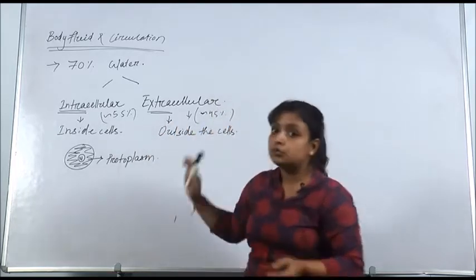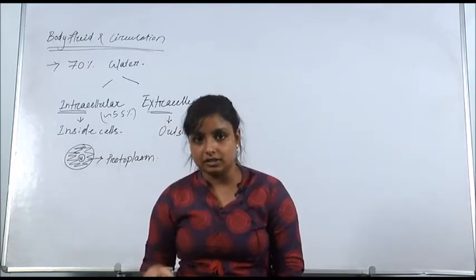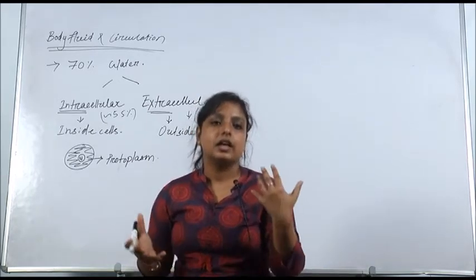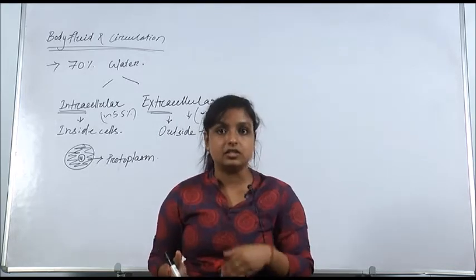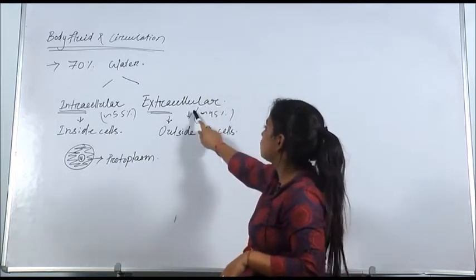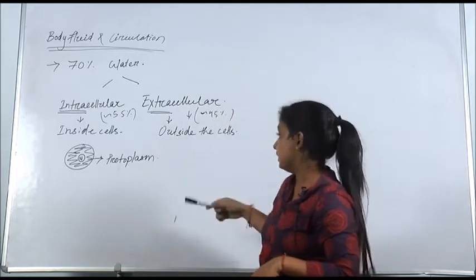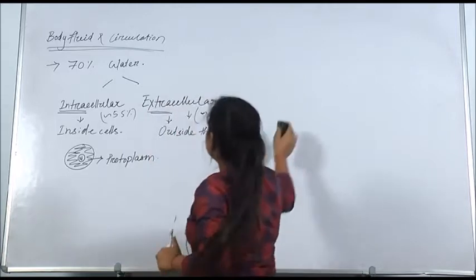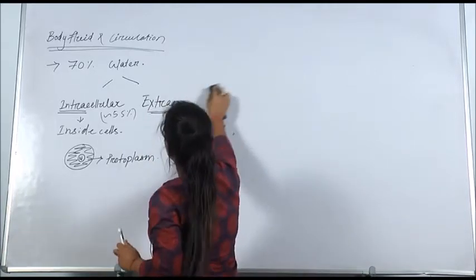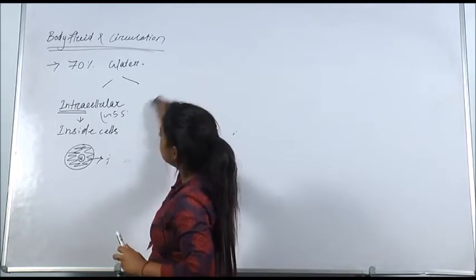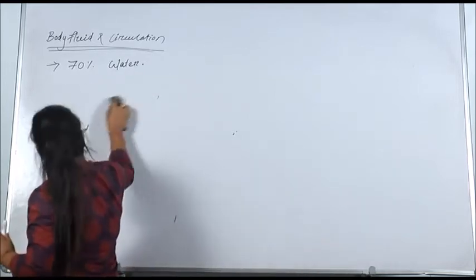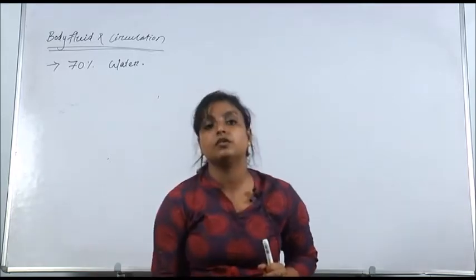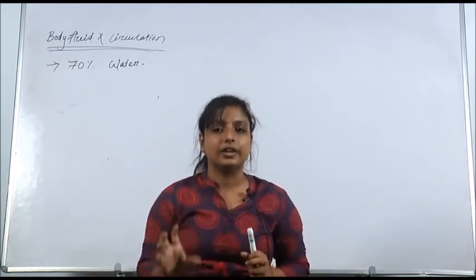Those body fluids which move outside the cells, mainly responsible for maintaining our body homeostasis, doing circulation and exchanging gases, are known as extracellular fluid, for example blood. As they are present outside the cells, these extracellular fluids should move inside the organism's body to perform normal function.